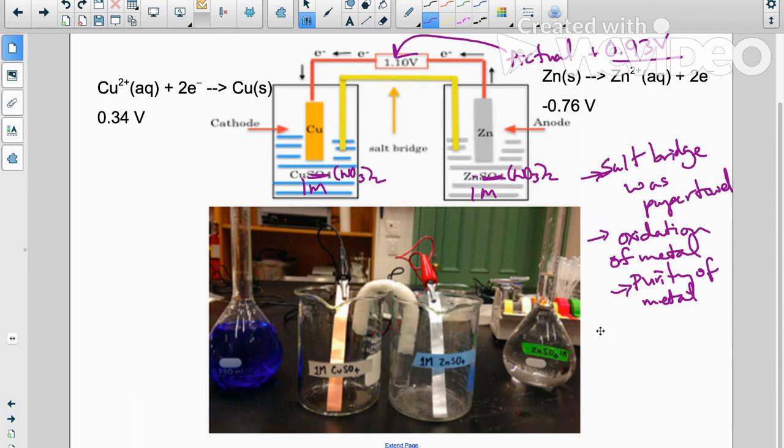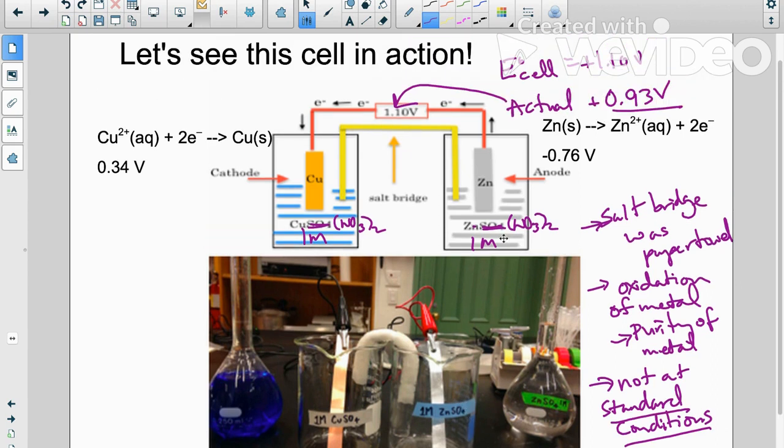The other thing is, we were not at standard conditions. I forgot to mention this one, but if we're not at standard conditions, we can't actually expect to get the same standard cell voltage as the one published in our reduction potential table.